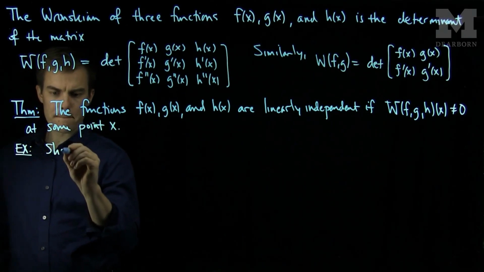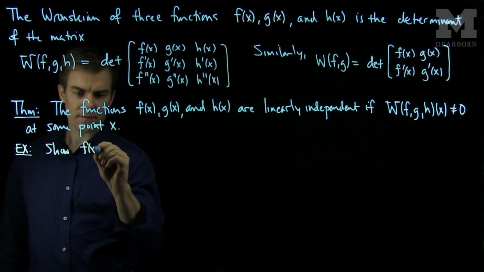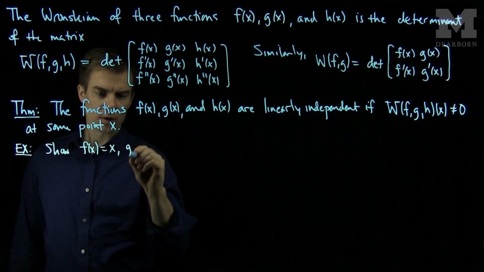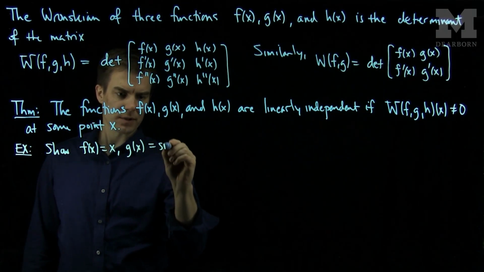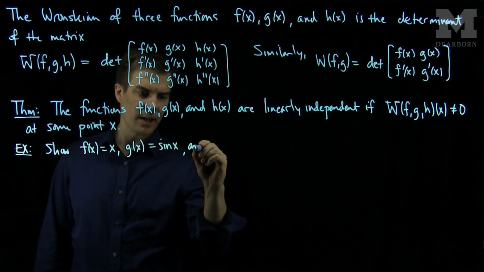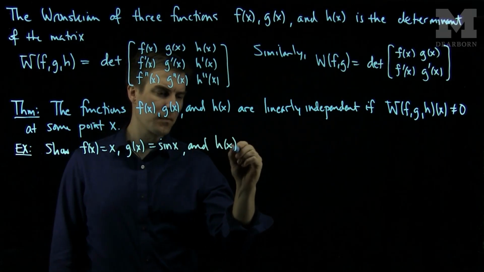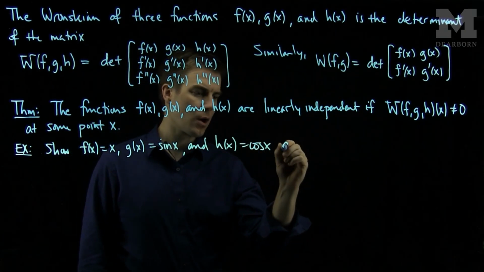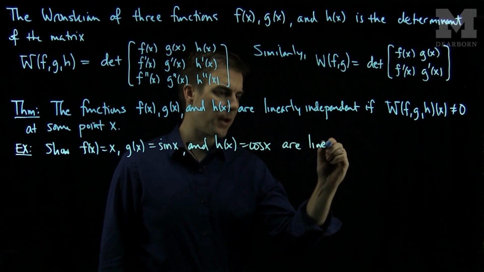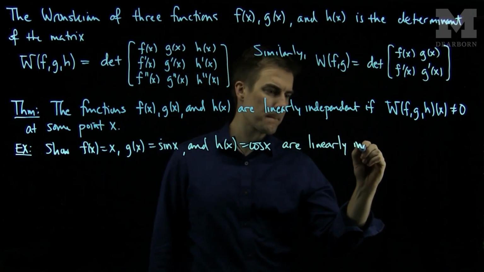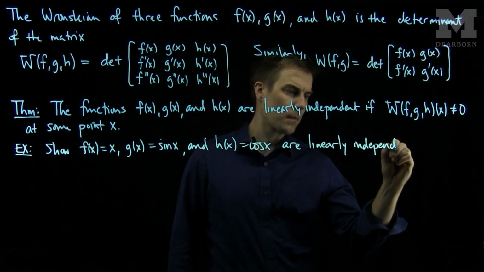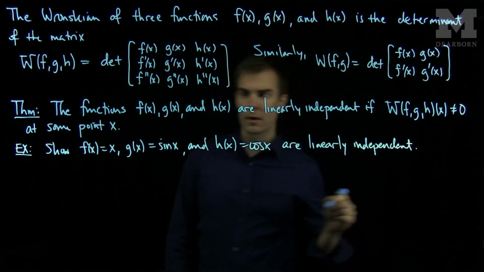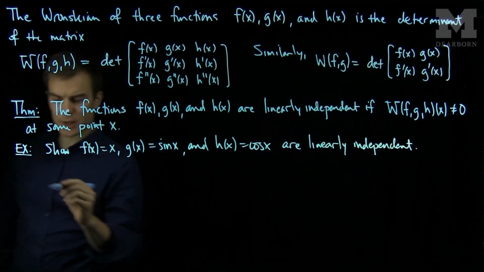Let's show that f of x, which is x, g of x, which is sine x, and h of x, which is cosine of x, are linearly independent. To do so, we'll compute their Wronskian.